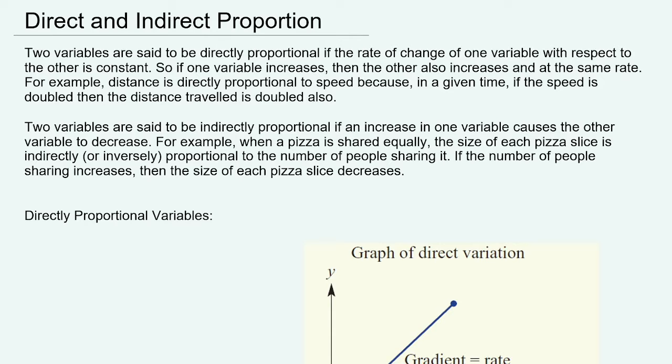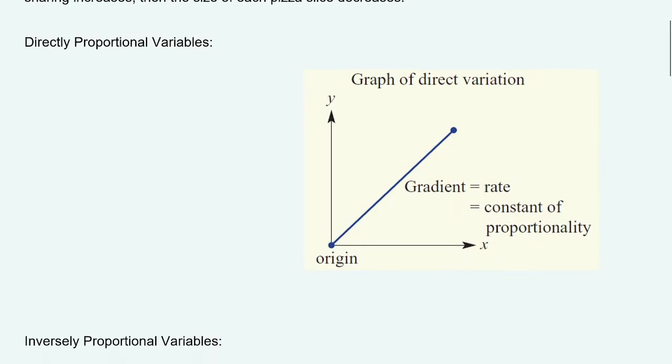Now we're going to start with direct proportion, so directly proportional variables. Alright, so this is where we have both variables changing together. So if one goes up, the other goes up.